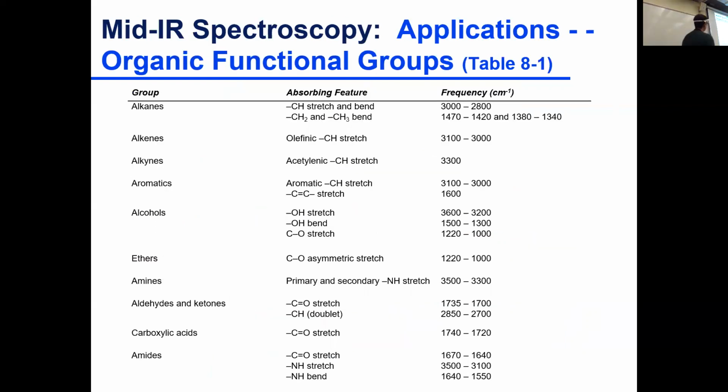These are examples of different groups and what bonds in each group absorb light, and at what wave number this happens. Of course, you don't have to remember all that. It's just showing you that there are different functional groups within different compounds that absorb IR at particular wave numbers or frequency.